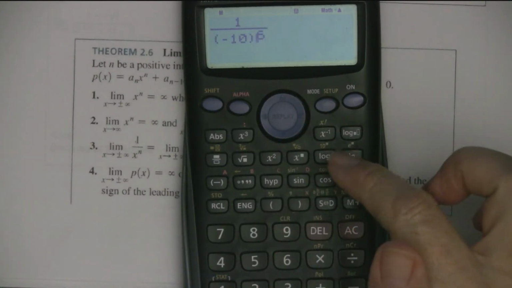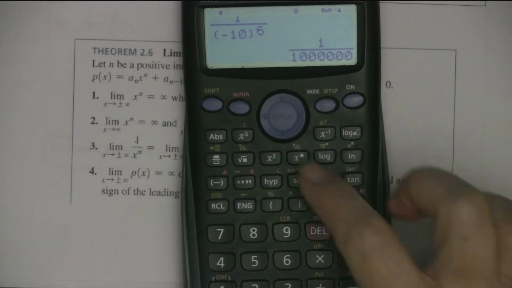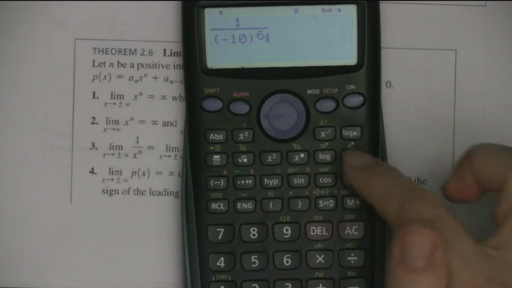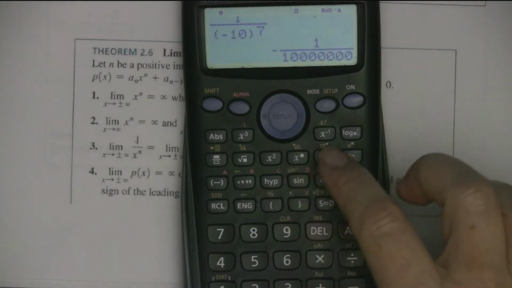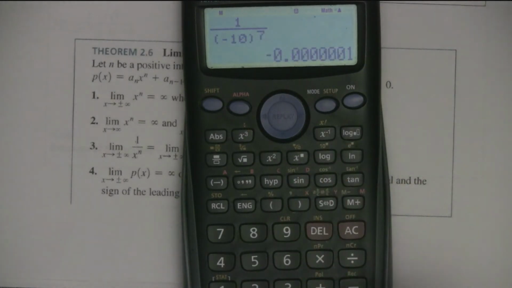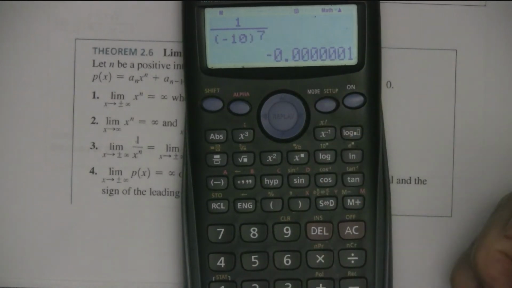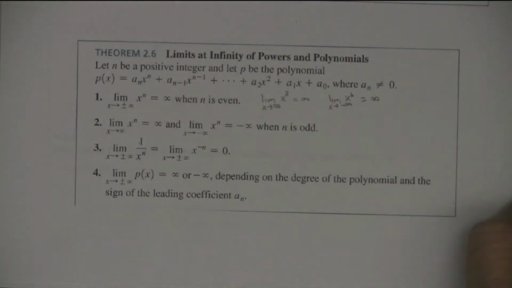So this is going to be positive, but even if I change this to a 7, it's still really, really close to 0. Even though it's negative, it's close to 0. So that's why they're not making a big deal out of that.